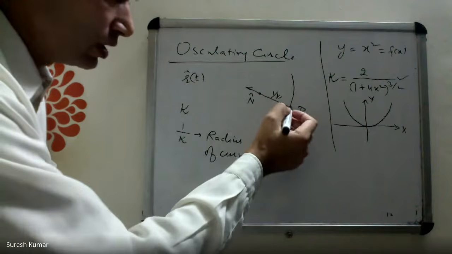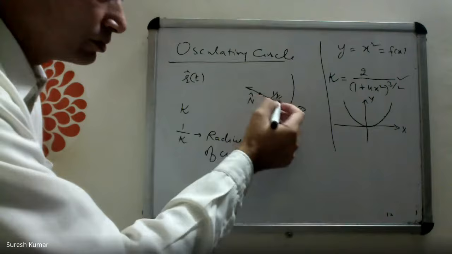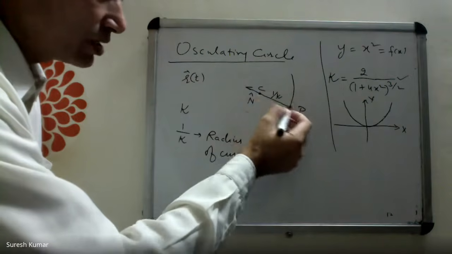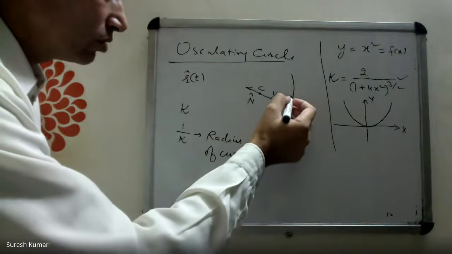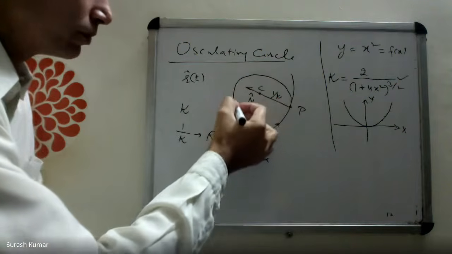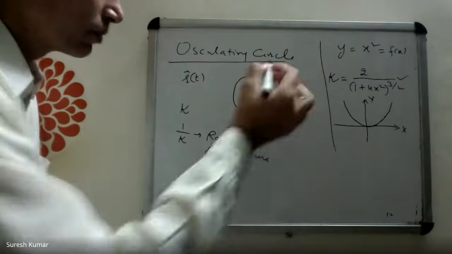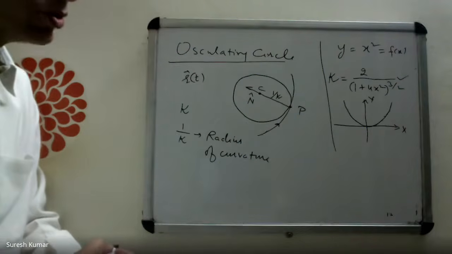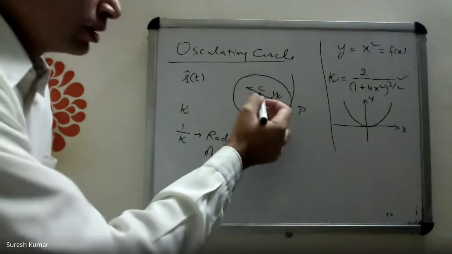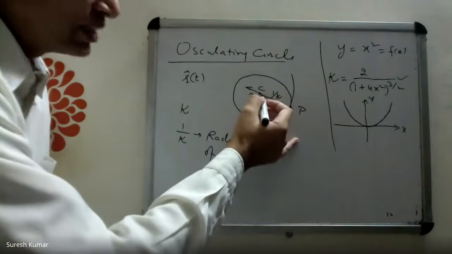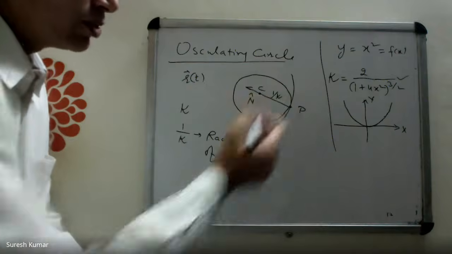Now draw a circle centered at the point which is at distance 1 over kappa from P on the normal, with radius 1 over kappa. This circle is the osculating circle.